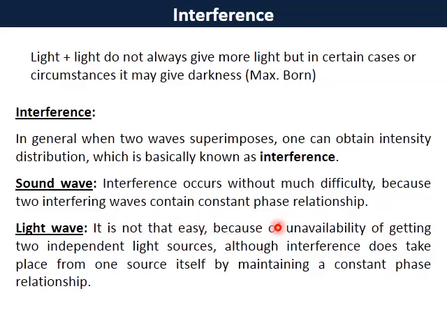Because of the unavailability of getting two independent light sources. Although interference does take place from one source itself by maintaining a constant phase relationship. So that is the difference between interference in sound and in light.